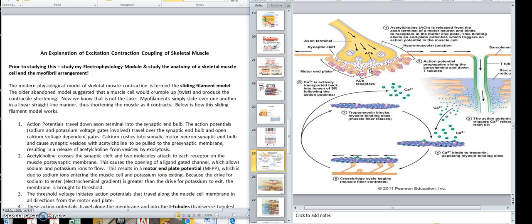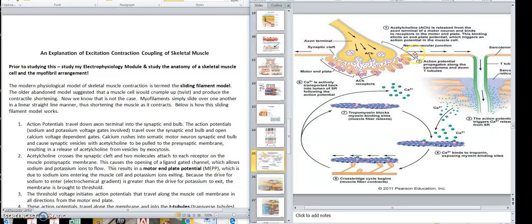Once it hooks to receptors, it creates a motor end plate potential. The motor end plate potential is then capable of starting action potentials in voltage-dependent gates. Again, all that's in this module. Then the action potentials will travel away from this site.